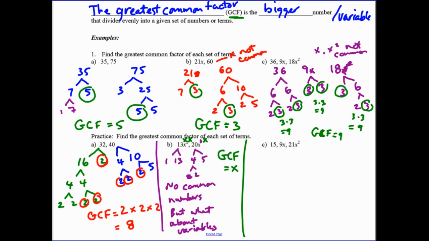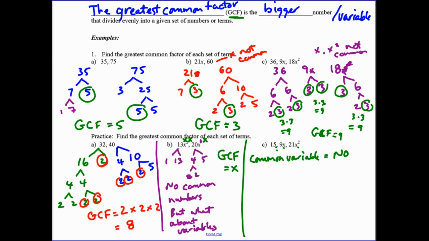So here we're probably going to, do we have a combination? So now that we've introduced the idea of a common variable, I almost like to check that first. Okay, do we have a common variable? No, no common variable. So there's no x here.